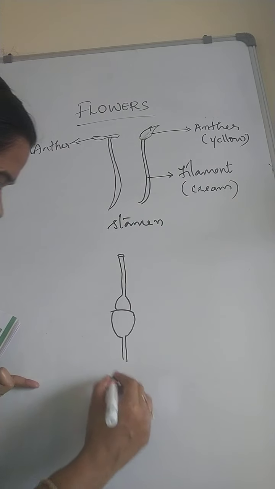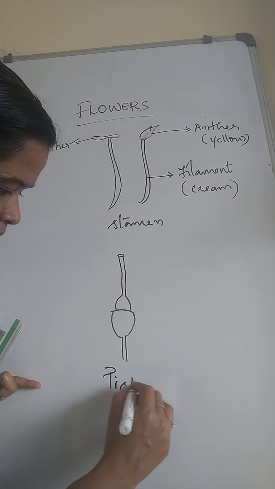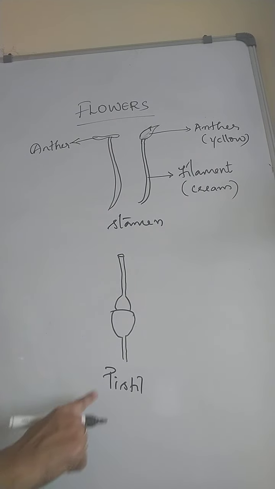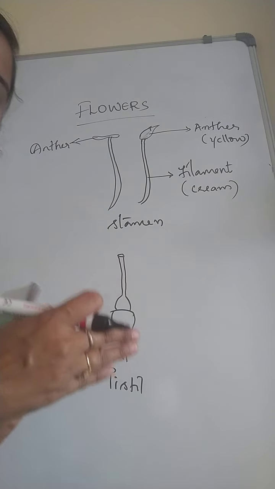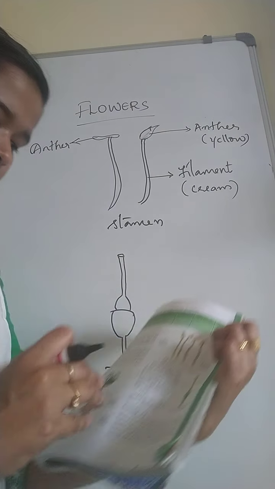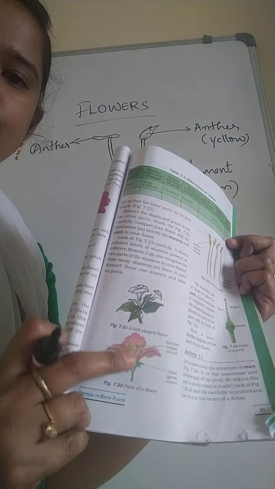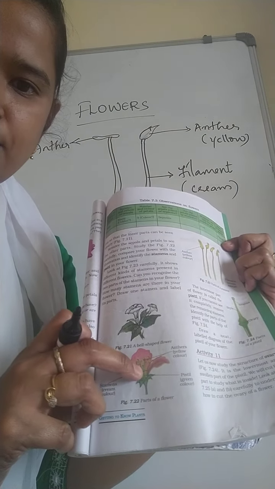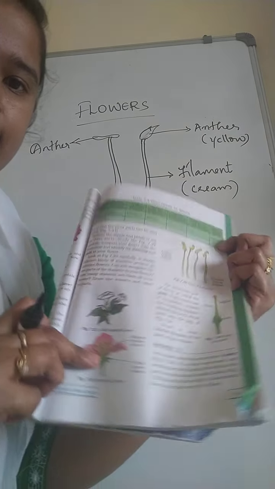This is called a pistil. Okay, this is the pistil and this one is the stamen. So if you want to see the pistil, you have to cut the flower in half like this. Then you can see the pistil. In between, the dark green part is called the pistil.